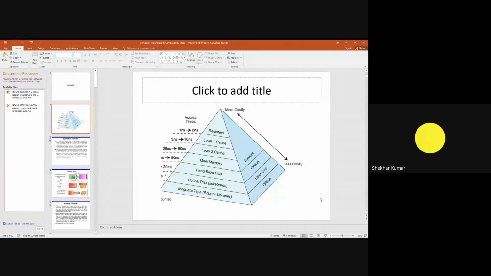This hierarchy was developed based on a program behavior. That program behavior is known as locality of references. Locality of references means to check the data, whether it is present in the registers, in the cache, in the main memory, or in the secondary storage, so that it can be read or written in a particular cell.